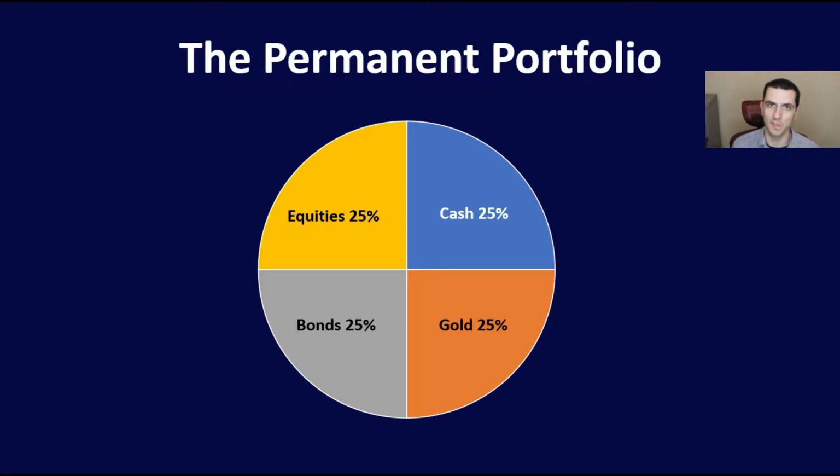Basically a very simple portfolio structure where an allocation is given to each of equities, cash, bonds, and gold, with the idea that those asset classes are uncorrelated enough such that they can basically cover any sort of economic macro season that might be presenting itself in the markets.